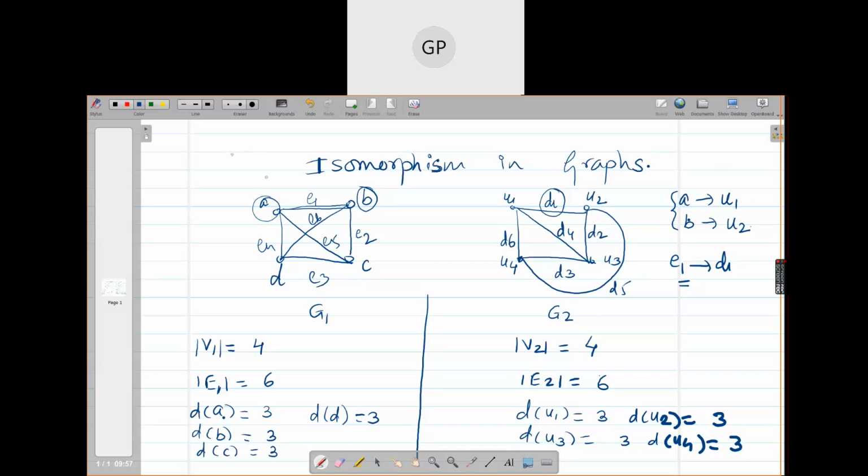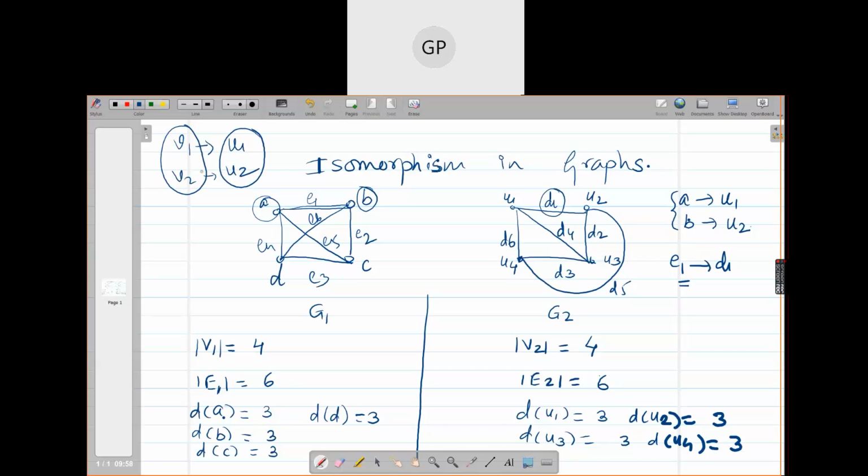That means if you are mapping a vertex V1 to U1 and V2 to U2, and if there is an edge between V1 and V2, then there should be an edge between U1 and U2 also in the G2 graph. Only then is this mapping a bijective mapping, and only then can you define such a mapping if the edges of this type exist in both the graphs.